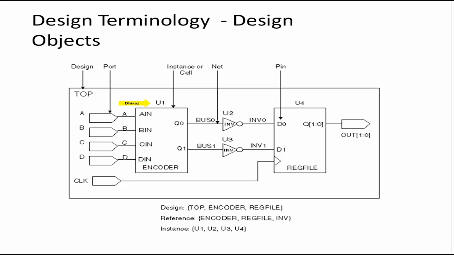U1 is an instance of encoder, U4 is an instance of reg file, U2 is an instance of INV, and U3 again is an instance of INV. So the designs are top, encoder and reg file. Please note we are not calling an inverter a design, because we differentiate between designs, meaning either a combination of cells or an RTL design.